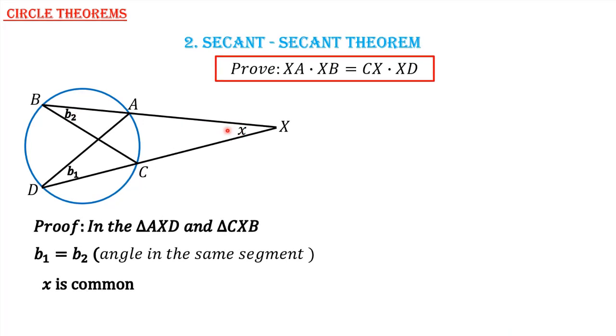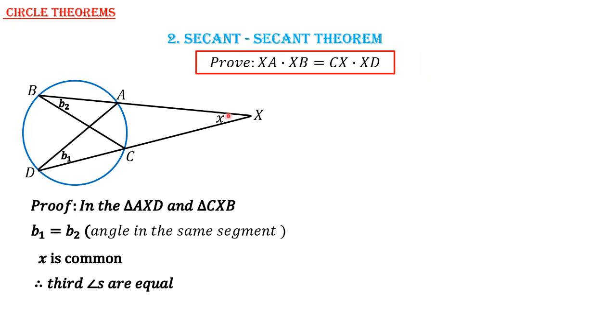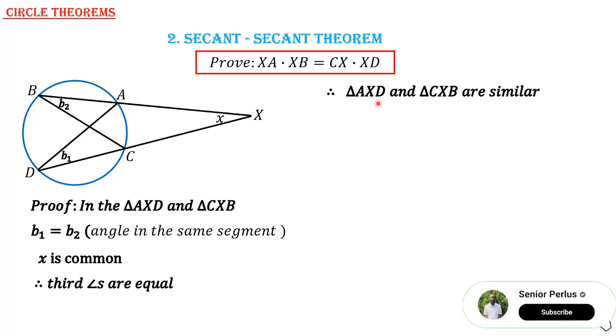That's why you see that S is common. Therefore, the third angles are equal. Since B1 equals B2, S is common, and the third angles are equal, we are saying that ASD and CSB are similar.